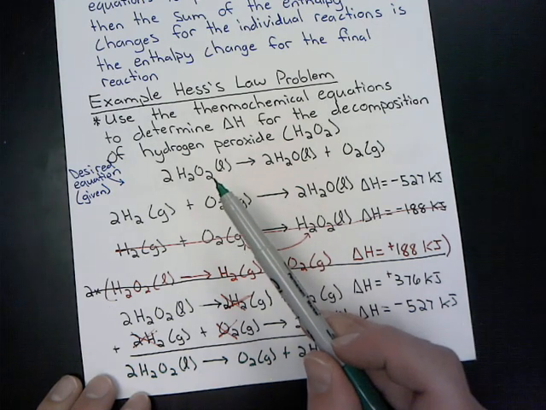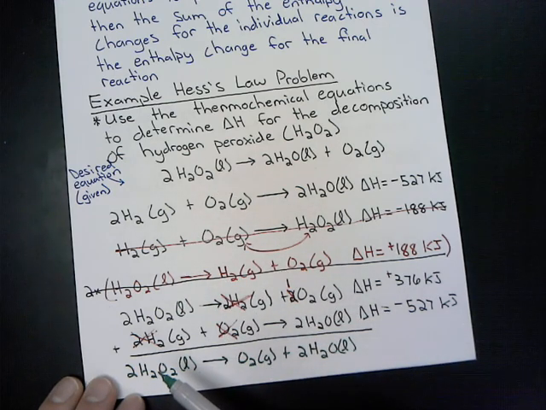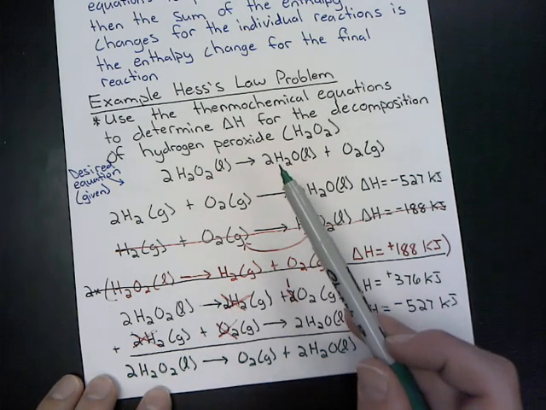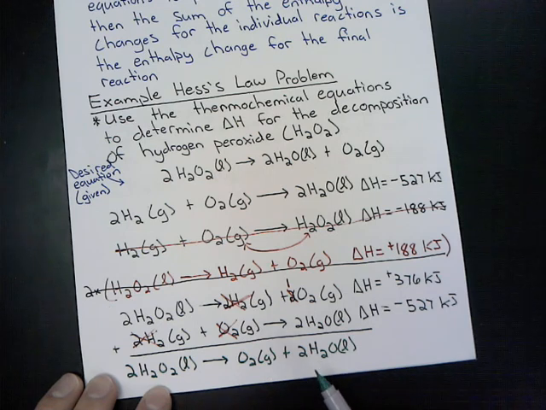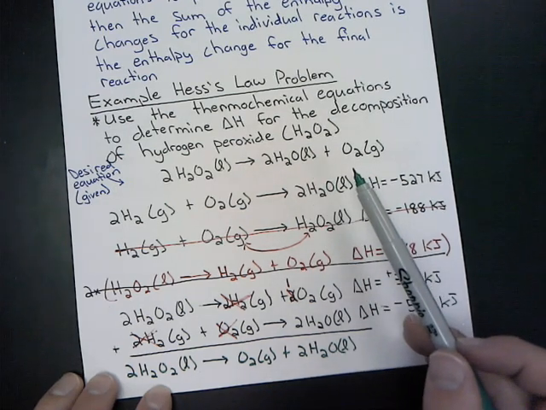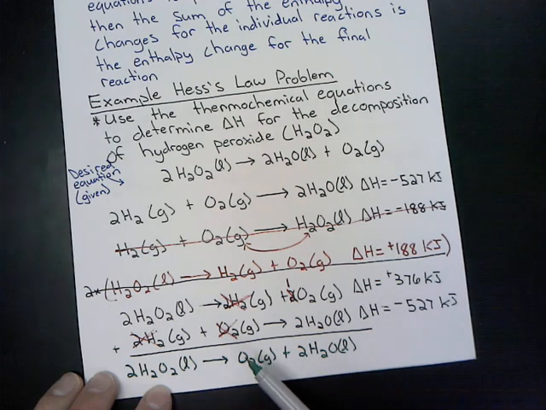So I had 2H2O2. Down here I have 2H2O2. Over here I have 2H2O. It is okay that it's on the far right side. As long as it's a product, it matches out with this. Now, O2, I only need one O2. Over here, I have one O2.